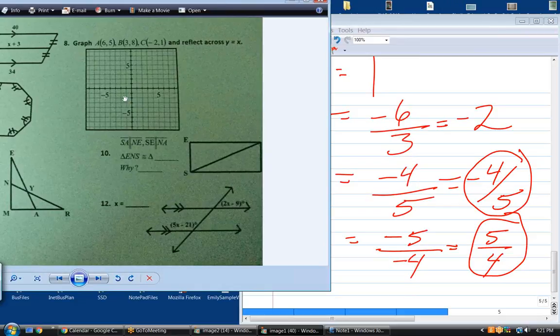When you reflect a function, that's a function. It's only 3 points, but it's still a function. When you reflect it across the line y equals x, you're creating its inverse. What is true about an inverse relative to the original function?